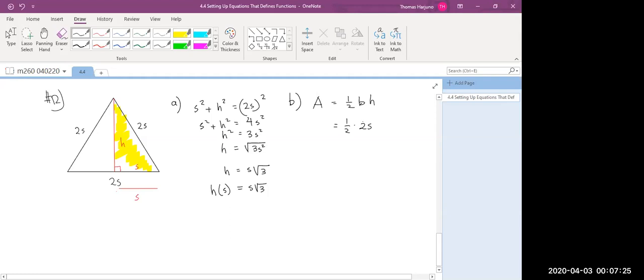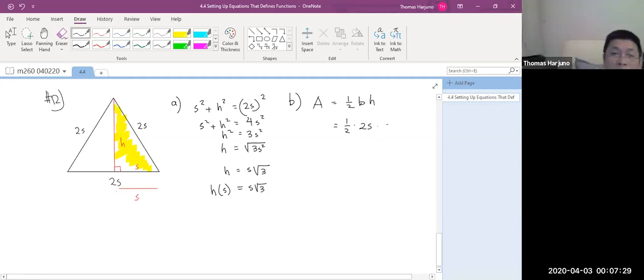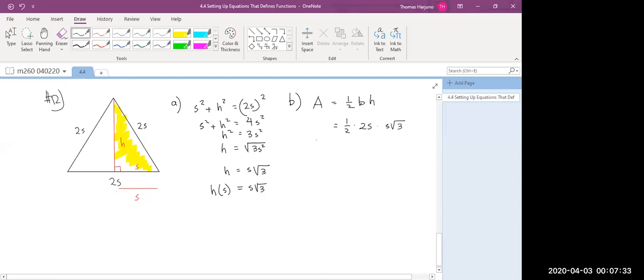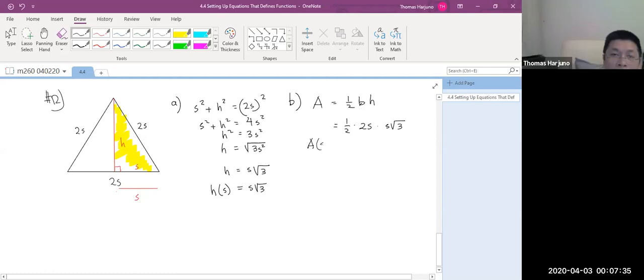And the height is s square root of 3. So when I put them together, as a function of s, the 1/2 and 2 cancel. We have s squared square root of 3.